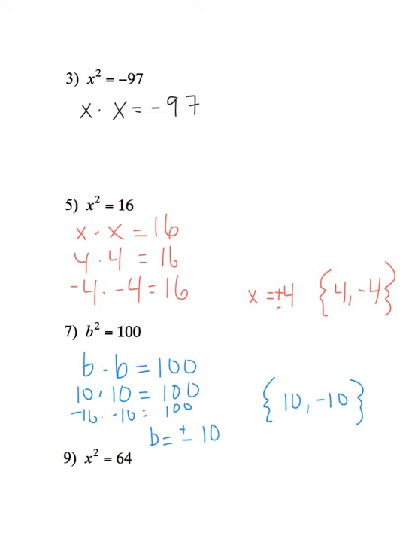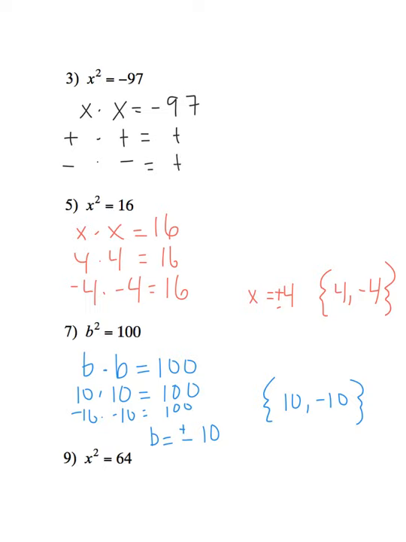For number 3, we need two numbers that multiply to give you negative 97. Now think about it. If you have a positive number times a positive number, it's going to give you a positive number. If you have a negative number times a negative number, it's going to give you a positive number.